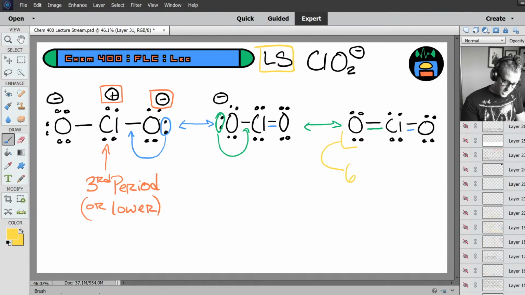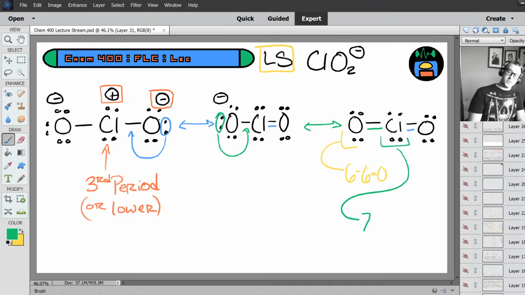First, oxygen has 6 valence electrons. In this Lewis structure as drawn, it has 2 bonds, so 1 per bond, plus its 4 lone pairs, 6 minus 6, formal charge of 0. Let's look at chlorine. Chlorine has 7 valence electrons when it's neutral.